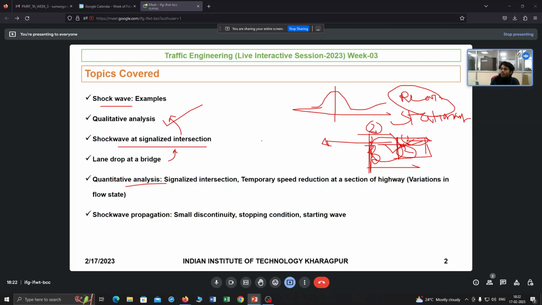So now if you imagine, the shock wave is going in a direction, so there is a speed at which it is moving, and it depends on the speed at which the vehicles at flow state A are coming, or the demand is coming, right?